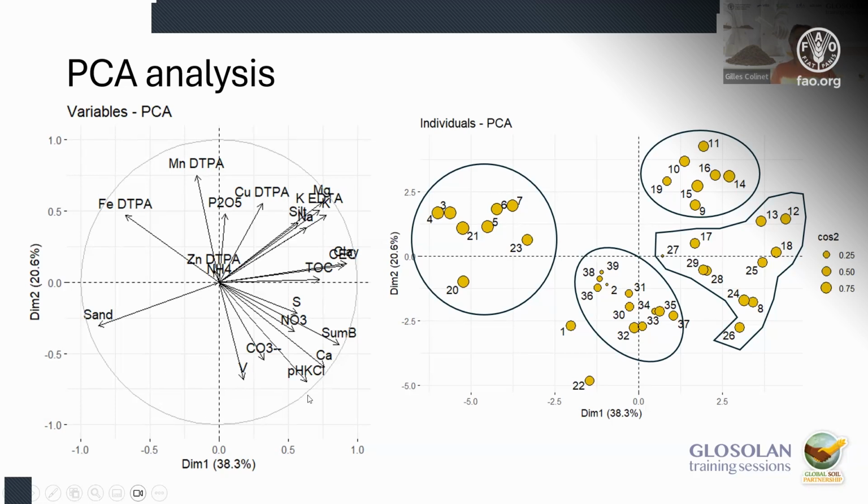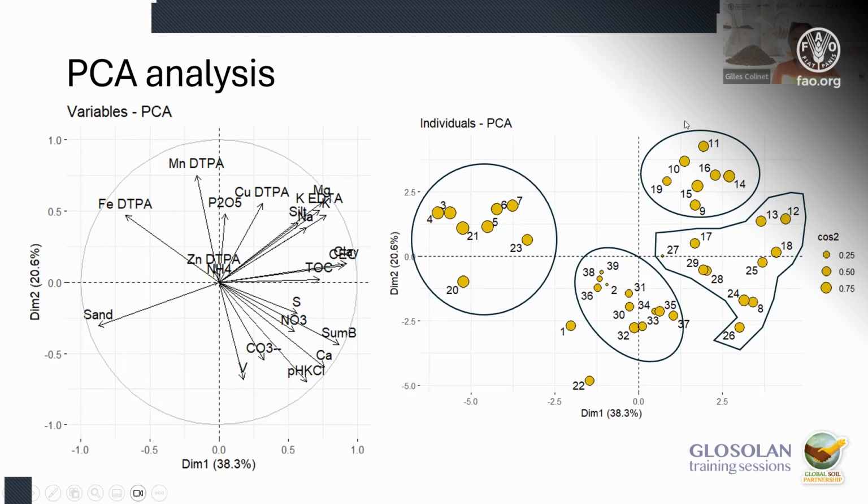And so if we plot the samples, just looking at the first dimension, we could say, okay, maybe we should make one group here, which should be the more sandy, the less clayey soils, but they also have a lot of iron.